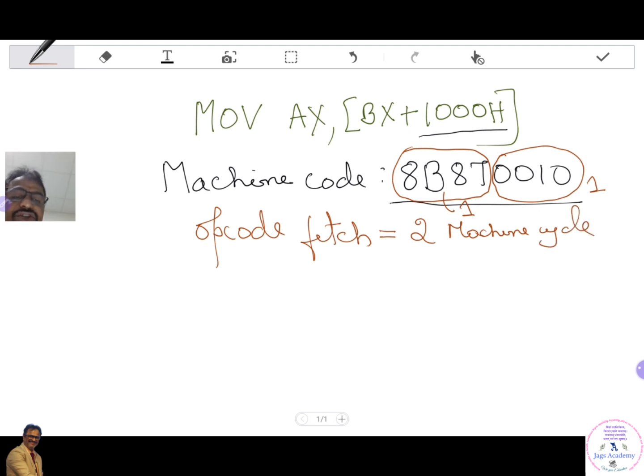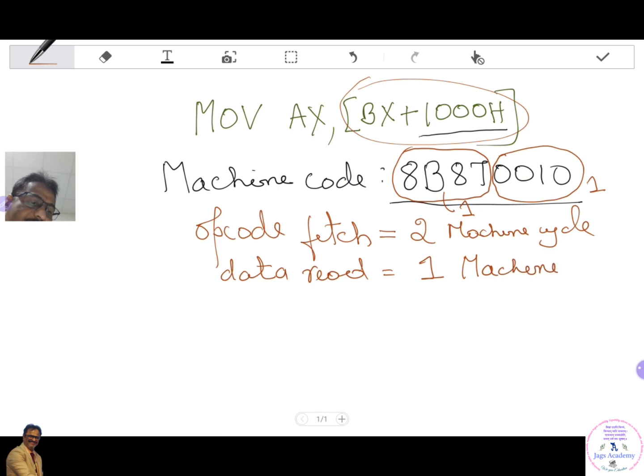Similarly, this instruction has a memory read, so the data has to be read from the memory. Hope you are understanding this. So you need a data read, and a data read is 1 machine cycle.